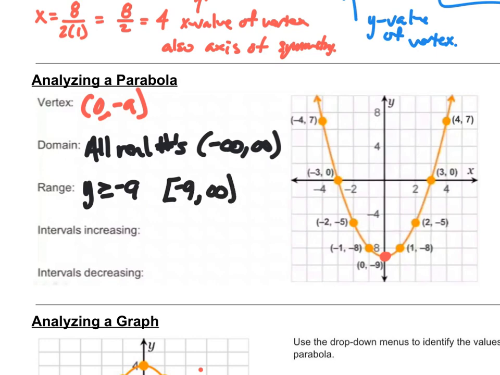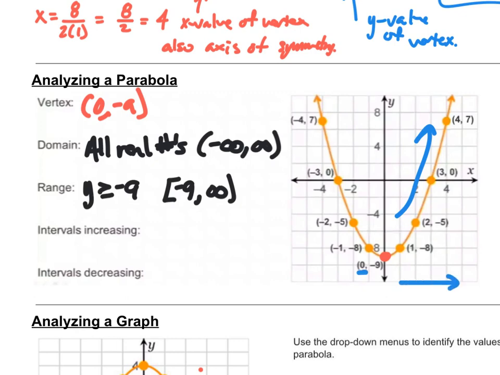Okay, now where are we increasing? Now when it says intervals of increasing, this wants to know for what x values are my y values getting larger. So right here, okay, this is where we're increasing. The y values are getting bigger. And this starts at an x value of 0 and goes to the right.